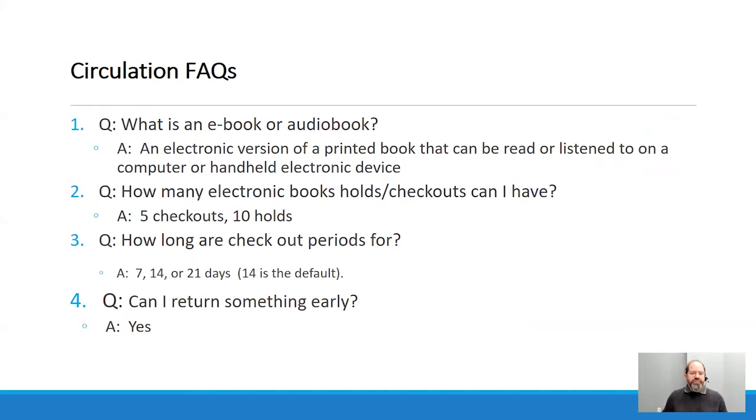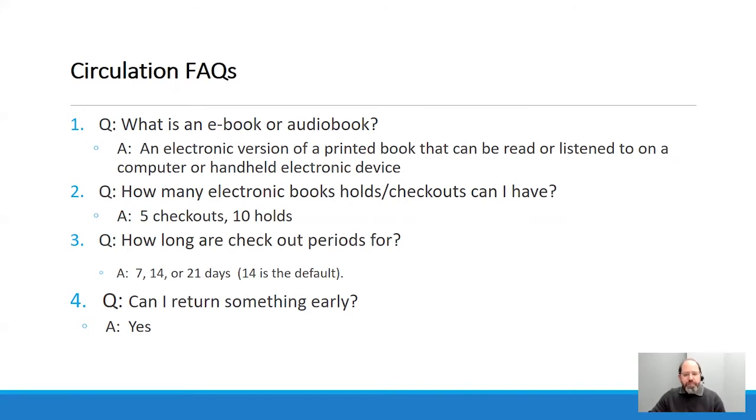So an ebook specifically is one that you can read on a device, whether it's a computer or a portable mobile device. And an audiobook is like an electronic audiobook. It's one where you would have to download or stream the audio onto your device as well.